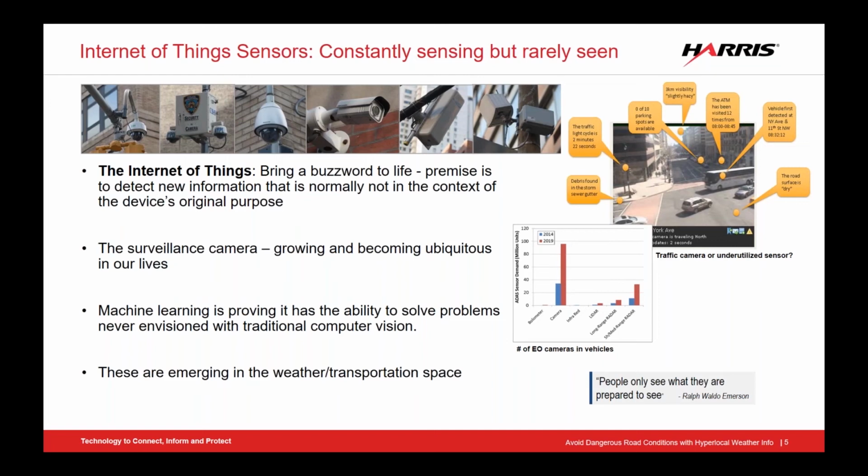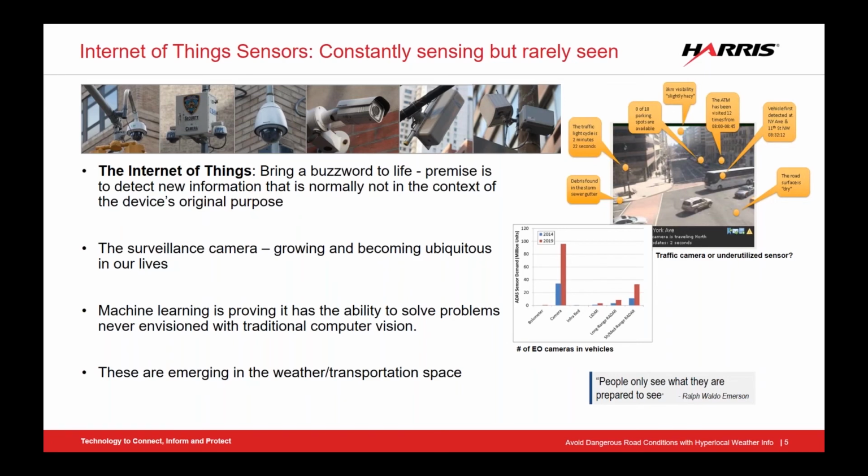But the Internet of Things is what you would call a buzzword. And to a lot of people, buzzwords don't mean a lot. But what Harris is really trying to do is bring to life that buzzword. The real premise behind the Internet of Things is to detect new types of information that's normally not in the context of the device's original purpose.